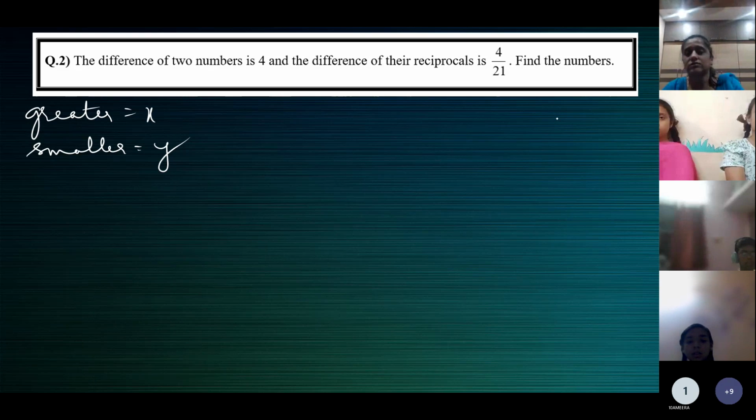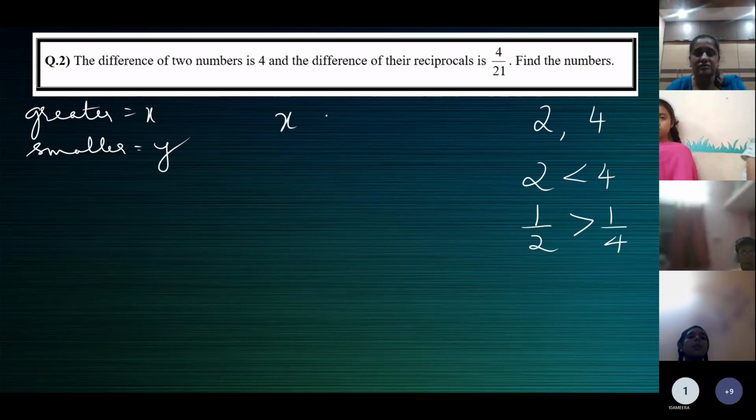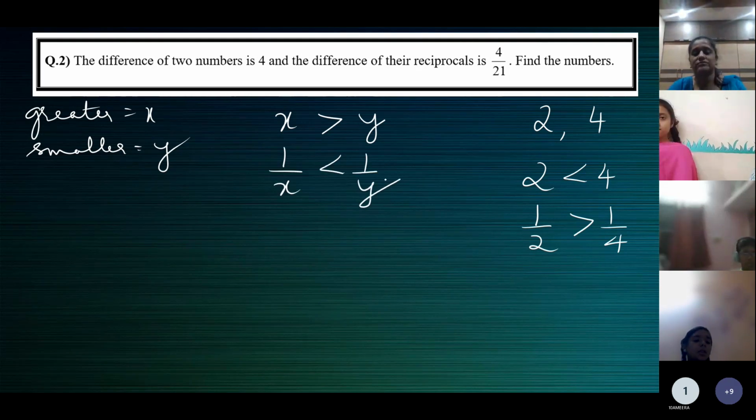So what have we understood? 2 is less than 4, but 1 by 2 is greater than 1 by 4. Similarly, here x is greater than y, but 1 by x will be less than 1 by y.